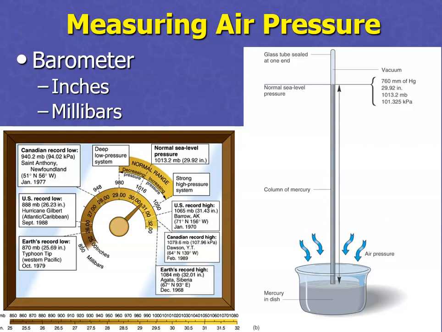Also, what's normal air pressure? That's a tough call. The average is around 30 inches or about 1,013 millibars. But if you're above it, it doesn't make it high pressure. If you're below it, it doesn't make it low pressure. There's something else that affects that.